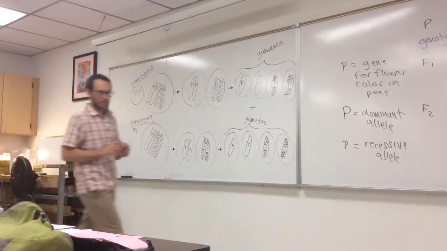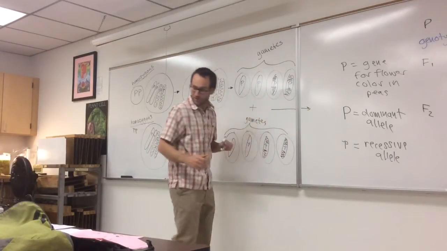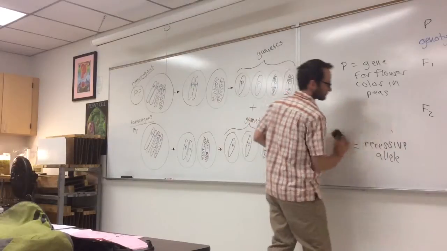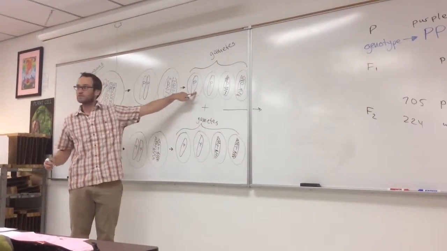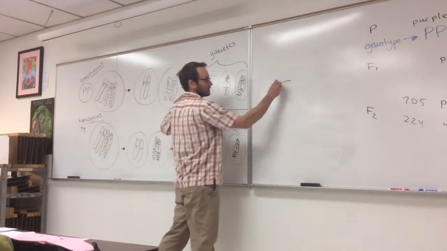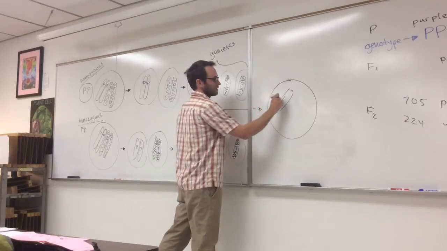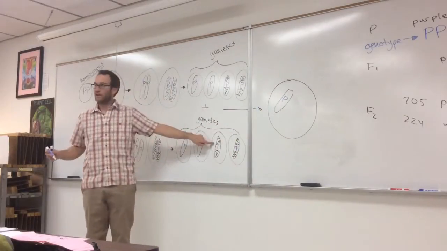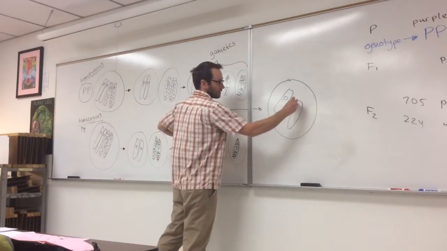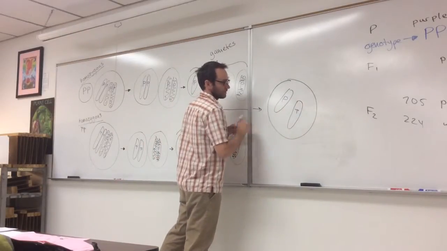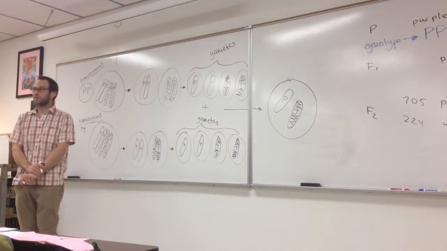You should end up with, and I hope everybody can see this, I'll draw one out here so you can. So if I take, let's say, this cell, and I combine it with this cell, what's the genotype of that individual?